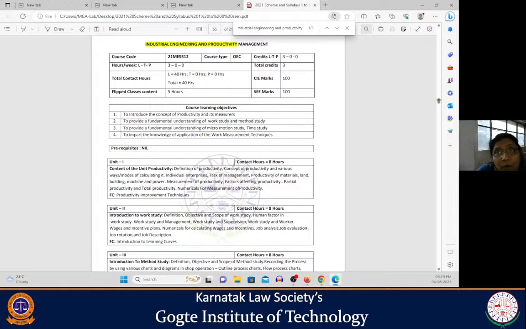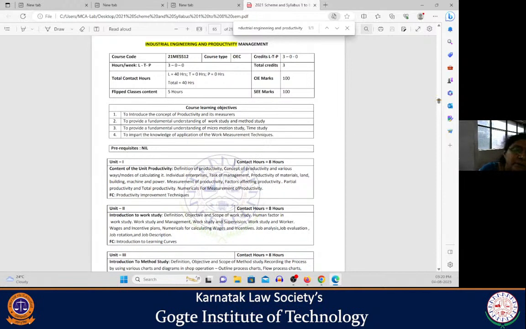Making whatever work we are doing more efficient, more effective, which will take less time, by doing that the worker will incur less fatigue and he can finish it in less time, okay, with more efficiency or with more output. That itself is work study, or work study techniques will be used for improving the efficiency of either the worker or the workplace or the industry or the business, whatever it is.